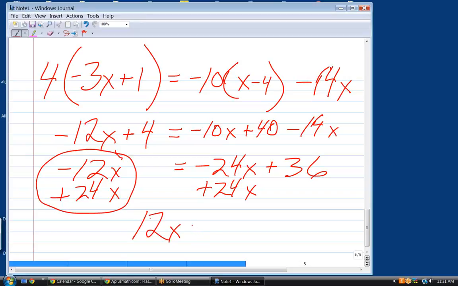Okay, don't need the plus sign because there's no other terms over there. And the right side is? 36. And I don't need that plus sign anymore because there's no terms over there with it. And finally, what's x? x equals 36 over 12.